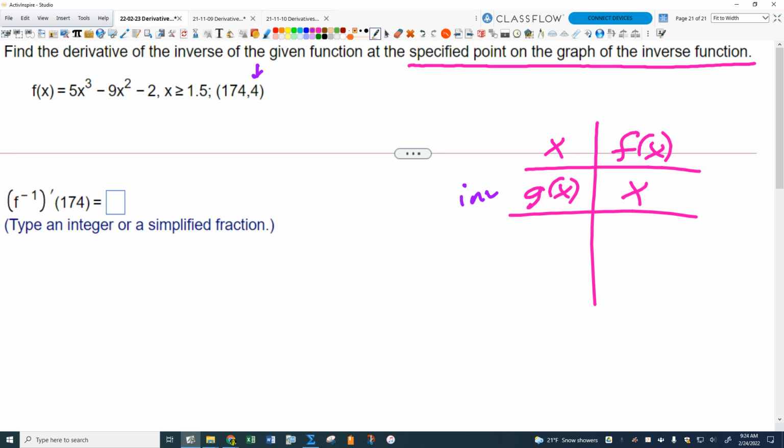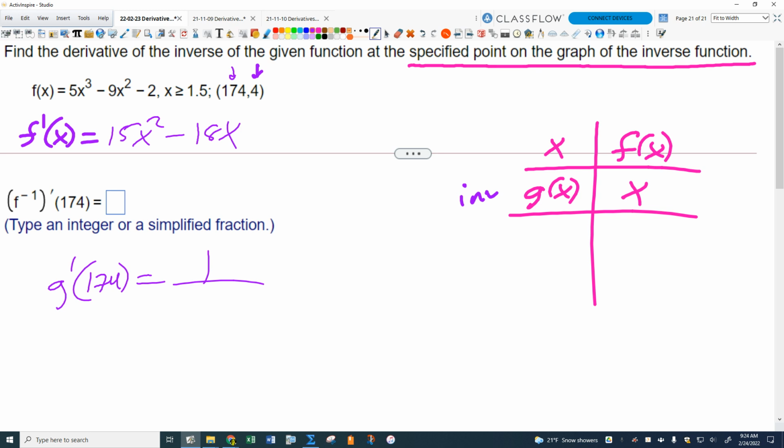So let's just do one of these. With this guy here, what's f prime? So 15x squared minus 18x. Okay, so then g prime, yeah, 174 is the input. It's the input of the inverse function, right? So g prime of 174 is 1 over f prime of what?